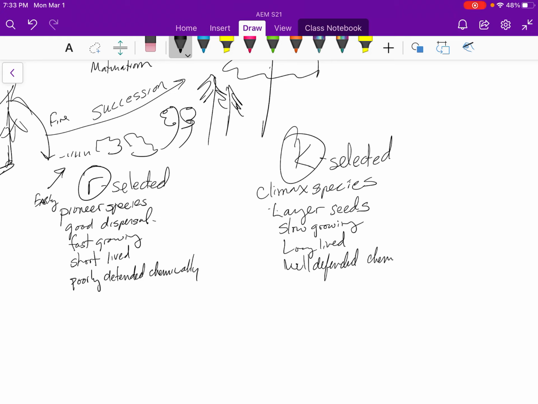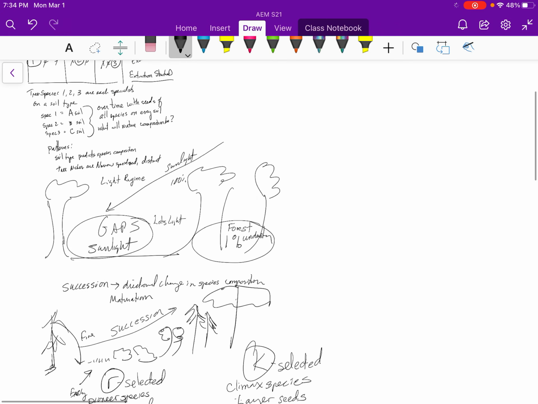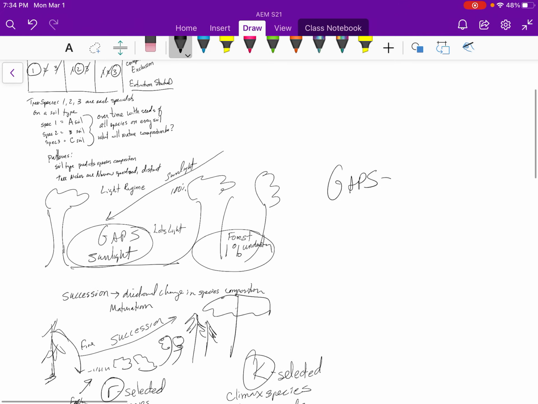So apply this specialization, it's a life history strategy, to the gap that we were just talking about up here. And what we might see is that in gaps, we would have these R-selected species. But over time, the gap will mature, and we will get K-selected species.